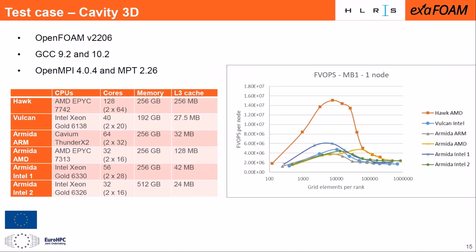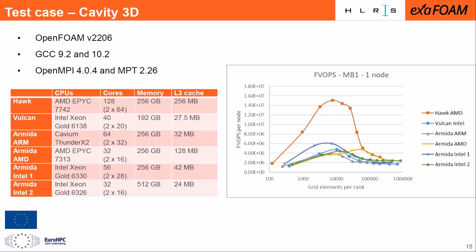And we have access to the E4 partner from HexaFoam, where I could also run with one ARM processor, this Cavium ThunderX2, another flavor of AMD EPYC chip, and two different Intel processors.